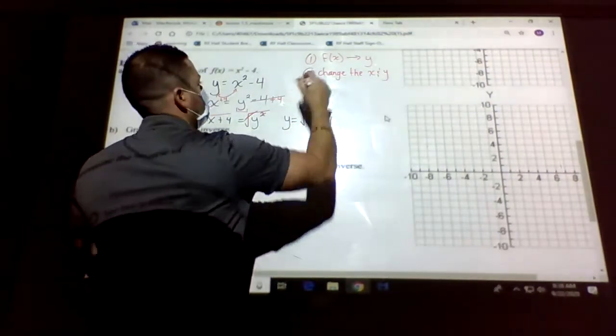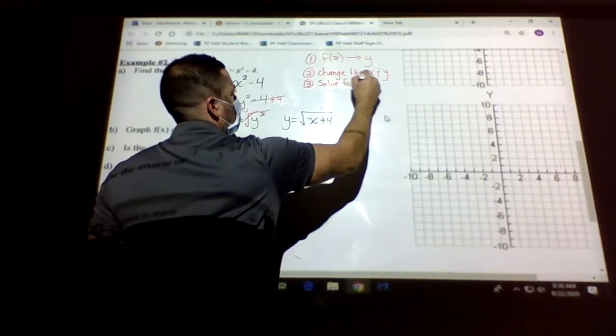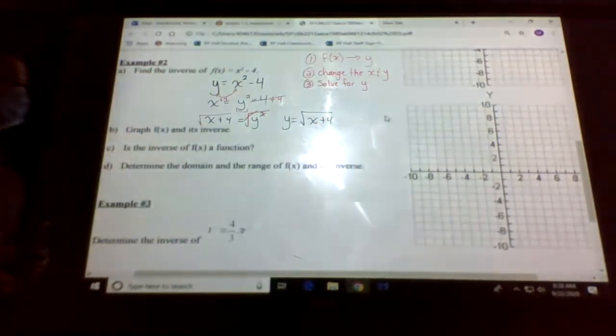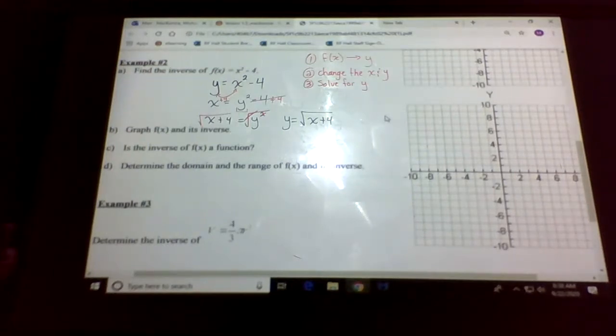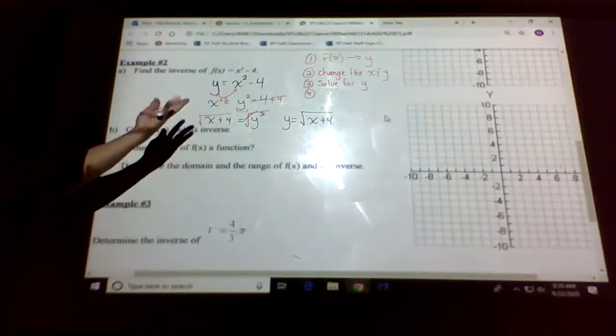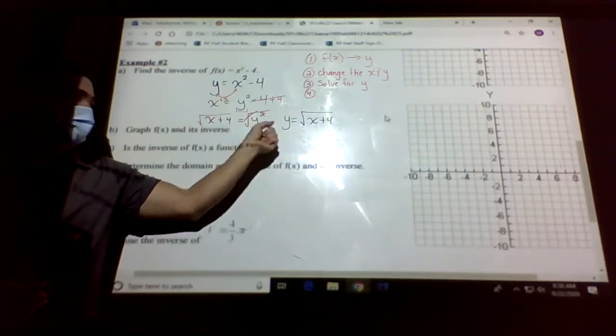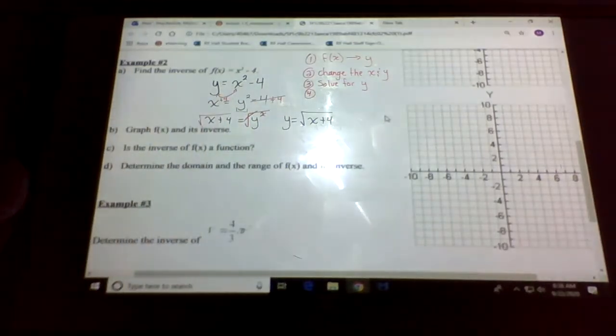I forgot to put my steps here. Solve for y. I just changed the order, so it was the square root of x plus 4 equals y, or y equals the square root of x plus 4.